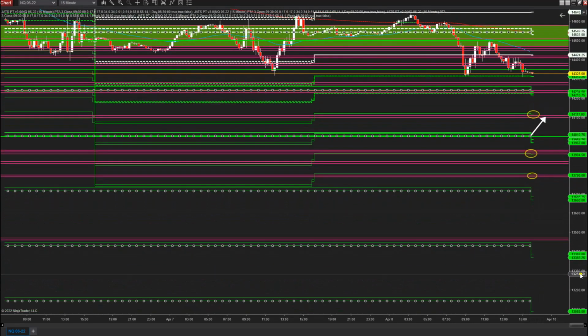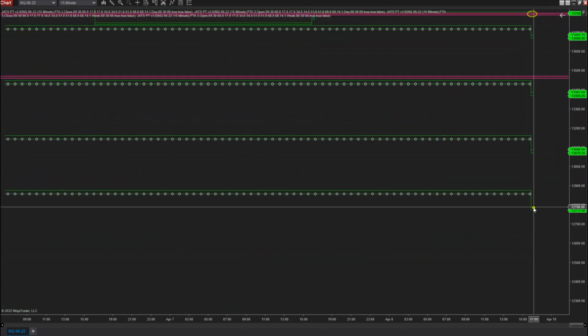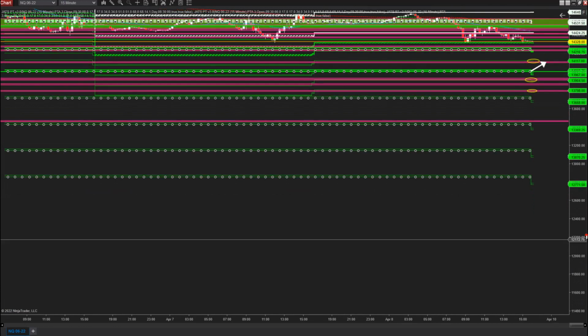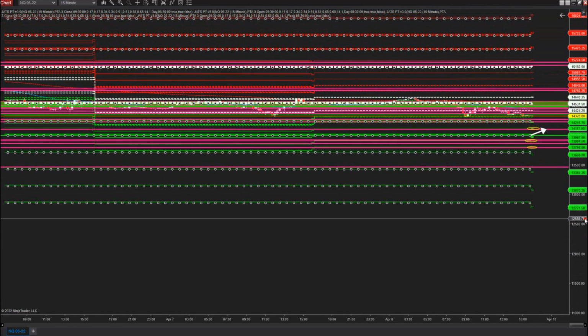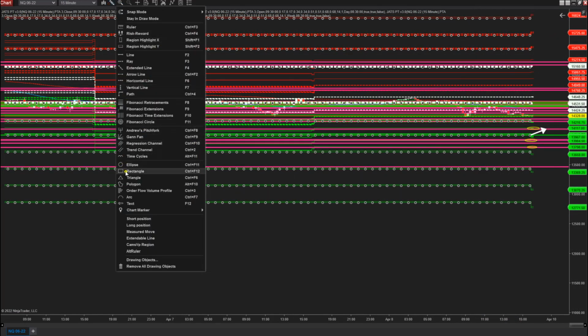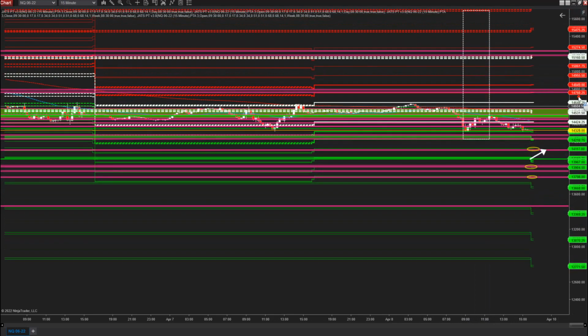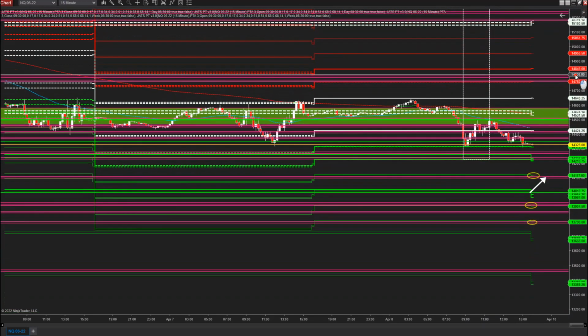If it does break the last one and goes even further below, that is when you can literally start measuring your daily distribution and doing the measured move type things, because the distribution of the daily from the top to the bottom, if I can figure out where my bottom one is, right there.